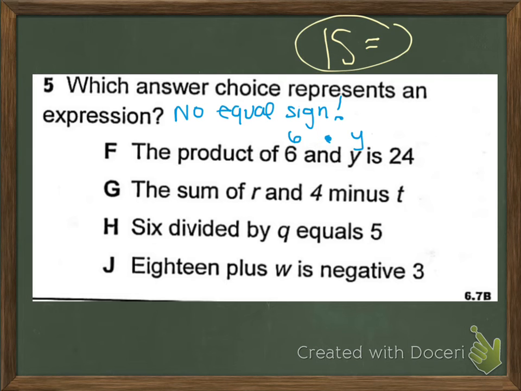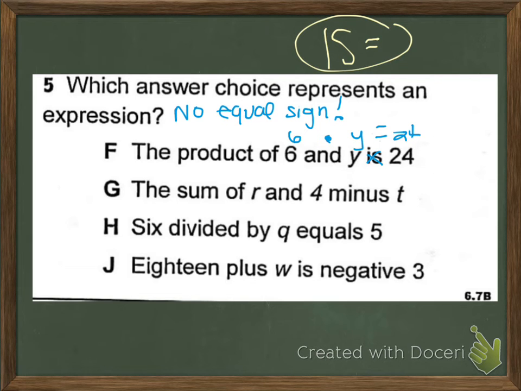Okay, so if this says is, then that means is 24. So the product of 6 times y is 24. So that is an equation, not an expression.